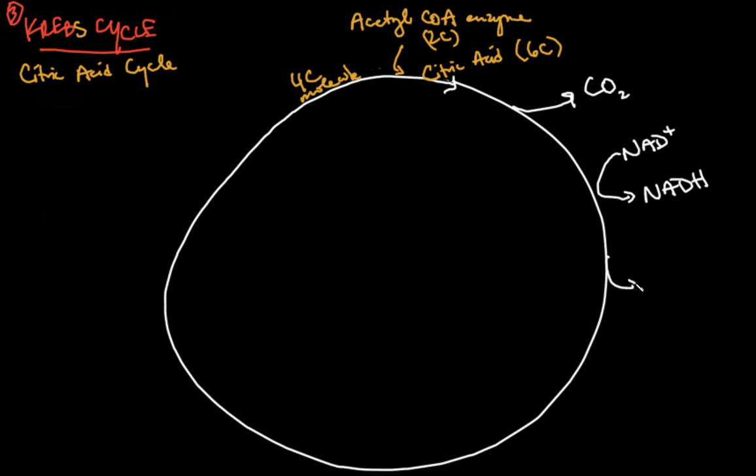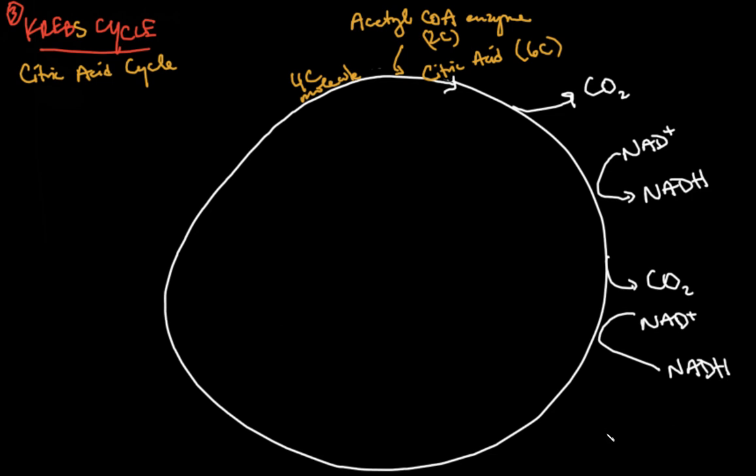We lose another CO2 in the process, another carbon, and there's another reduction: NAD+ to NADH and a hydrogen ion. Now we're back down to a 4-carbon molecule, which is what the rest of this cycle uses. We end up with another 4-carbon molecule until it binds with another acetyl-CoA.